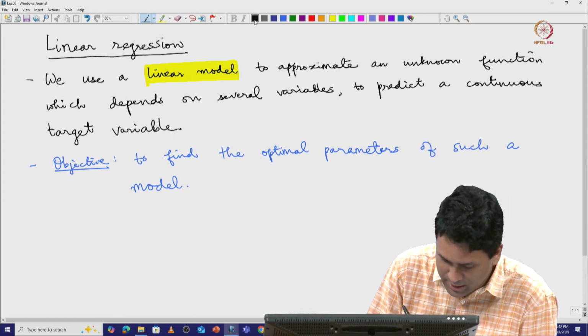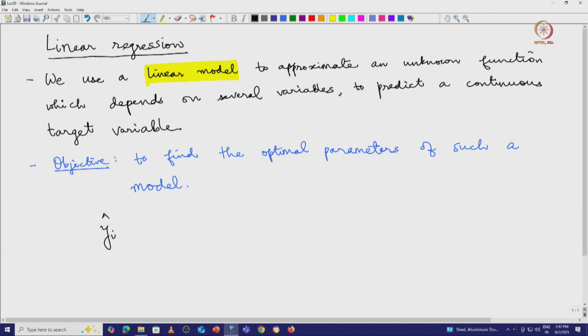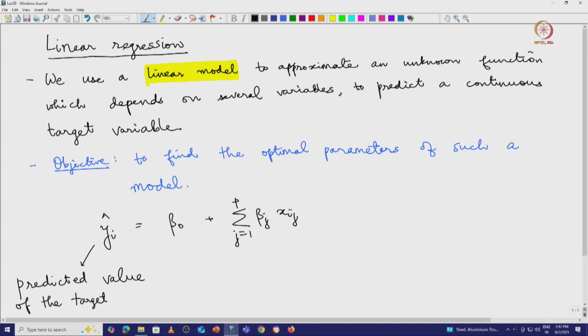So we can write it in this particular form: yi hat equals beta naught plus the sum over j going from 1 to p of beta j times x i j, right. And obviously we have to explain what these terms mean. So yi hat is the predicted value of the target variable, okay.